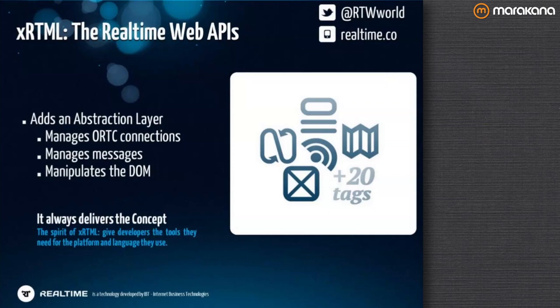We are managing the messages. Whenever a message is sent or received, you don't have to worry about it. We can make it work automatically for you. We are manipulating the DOM for you. So most of the stuff that you need to do on the web page, we are probably doing for you. You just need to add some XRTML to the web page, and everything just starts to work. I'm going to show you some examples later on.